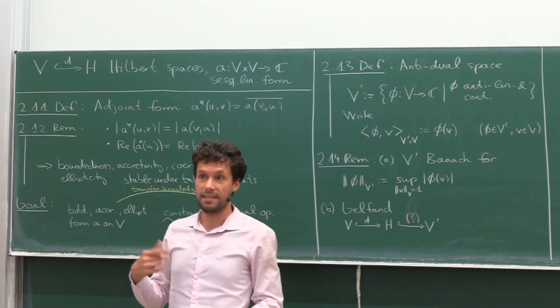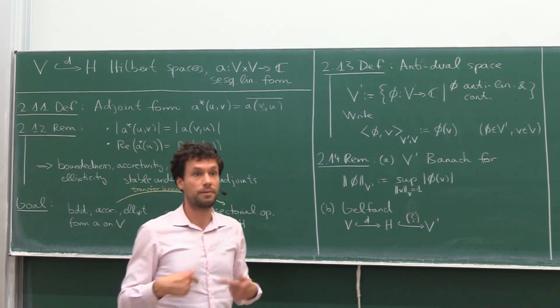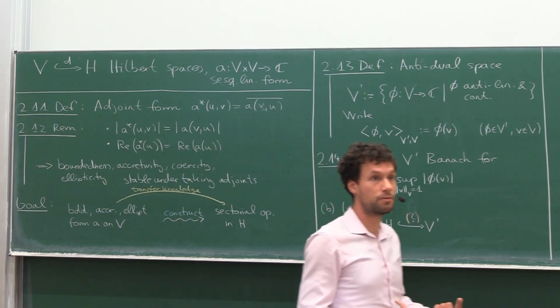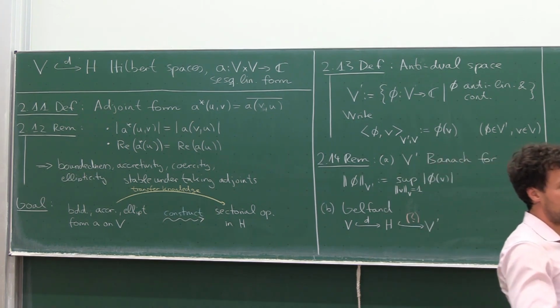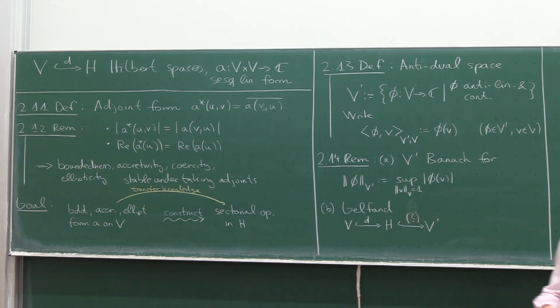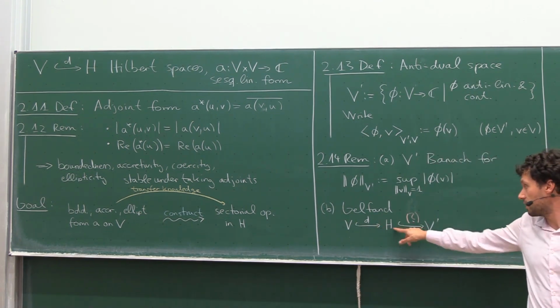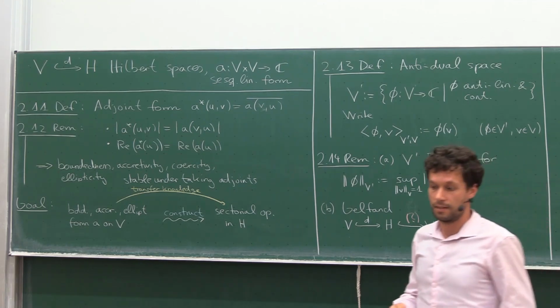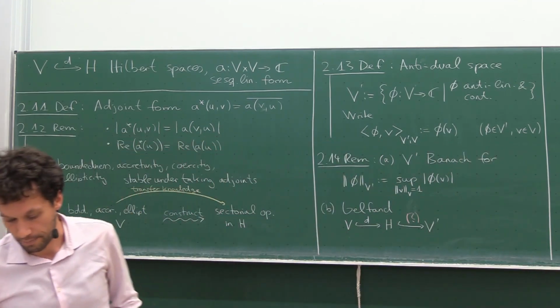So roughly speaking, the idea is that H we're going to identify with its own anti-dual space in view of the Riesz representation theorem. And then this identification is going to be restricted to V to explain this embedding. That's the idea. So let's try to make it precise.